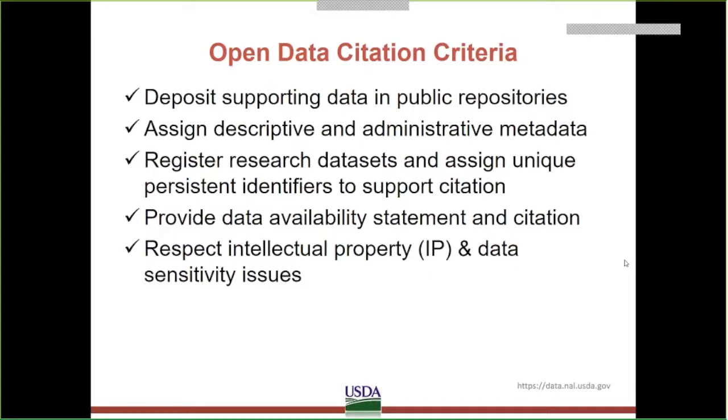Standardized metadata, including unique identifiers, should be assigned, such as the digital object identifier, thesaurus controlled vocabulary terms. We use the National Agricultural Library thesaurus. And administrative metadata, including funding, license information, and so on. Then include a formal citation in the references section of the article.